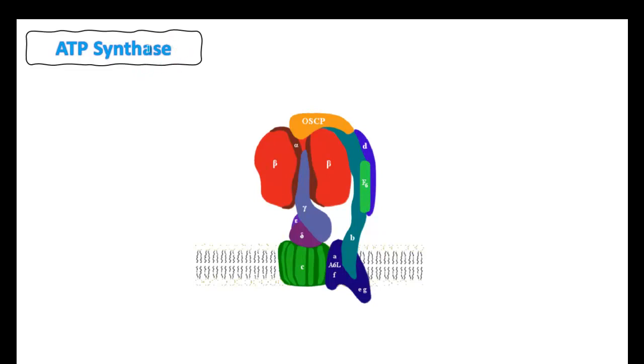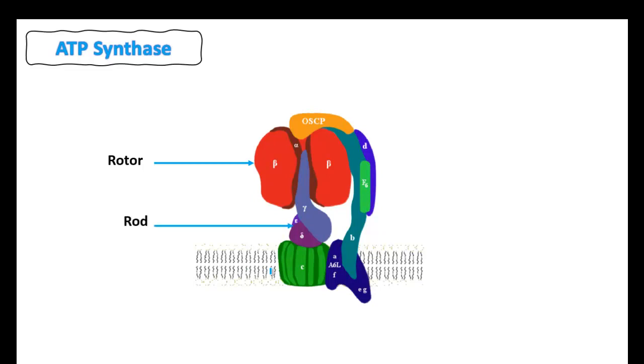It's a protein. For its structure, we are not going to get into a lot of detail, but we have two main parts. The first one over here is what we call the rotor, and the second part, which binds to the inner membrane of the mitochondria, is what we call the root.